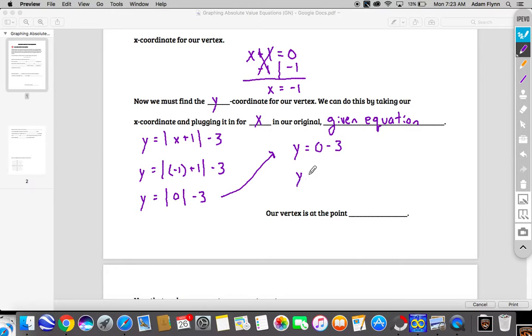So y is going to be negative 3. So I've got my x-coordinate for my vertex, I've got my y. So the vertex is at the point negative 1, negative 3, where of course negative 1 is the x and negative 3 is the y. Pause if you need more time.